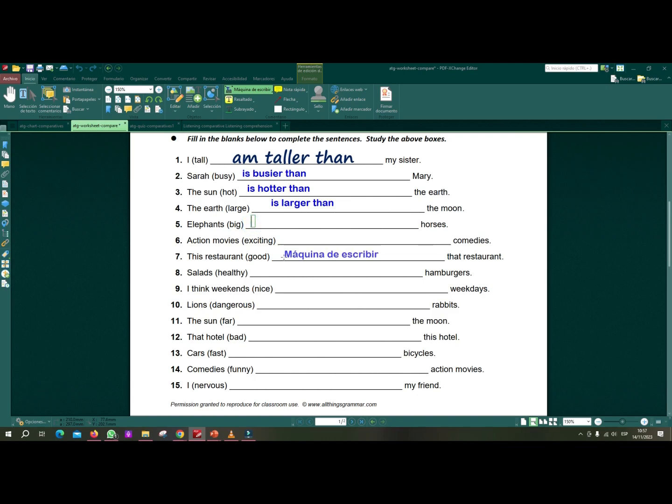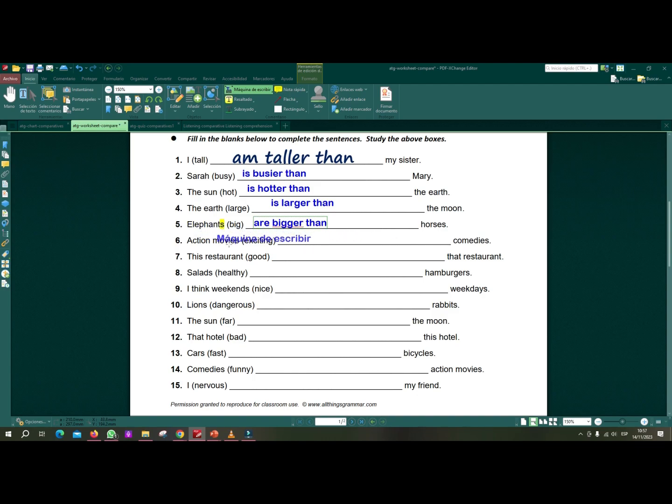Thank you. 5, Carolina. Elephants, big horses. There you have that. En plural, elefantes. Por lo tanto, necesitas utilizar are. Elephants are bigger than horses, right?